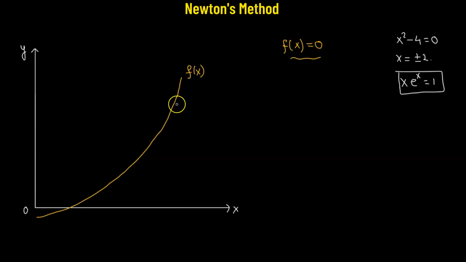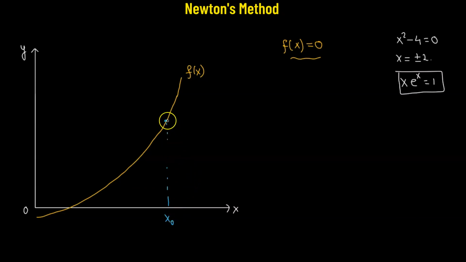We will make an approximate guess. Let's say the solution is x naught. However, we are not exactly sure if this is the solution. That is when Newton's method becomes extremely useful.